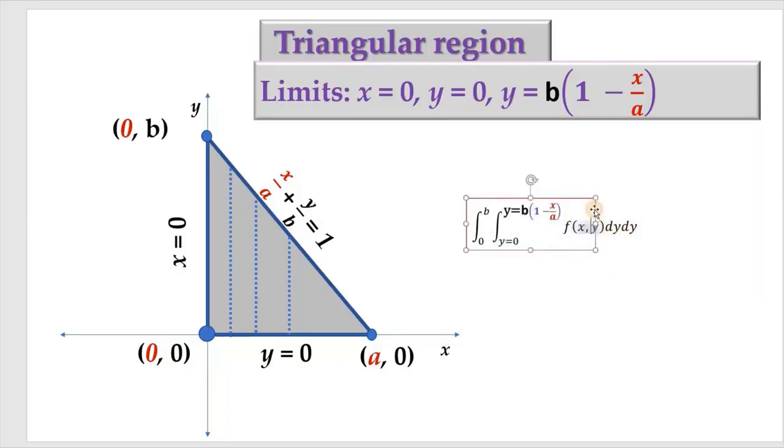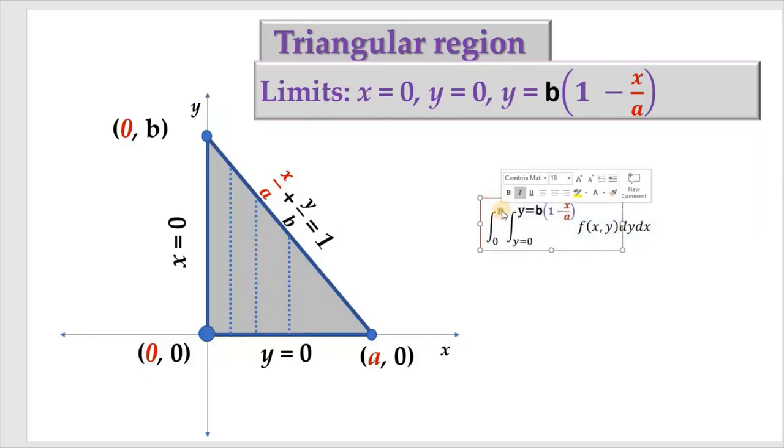So first you integrate with respect to y and then with respect to x, because your y depends on x. Then for x, what should be the limit? It should range from 0 to a.